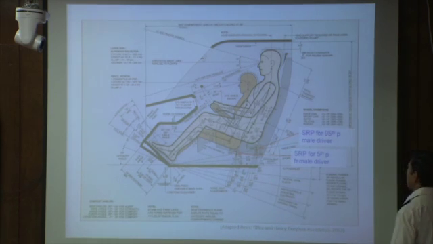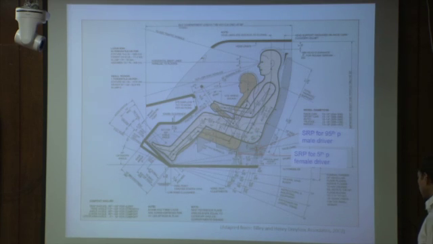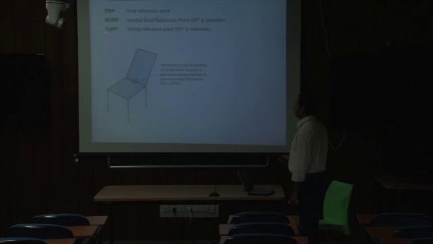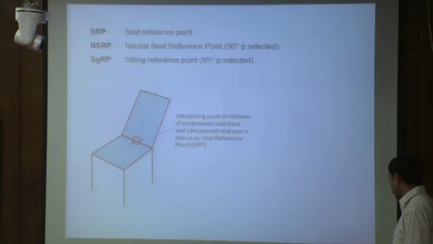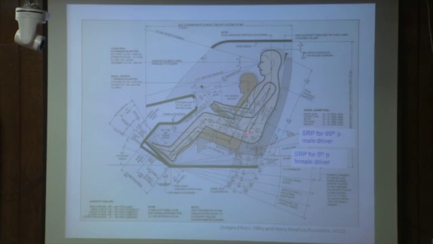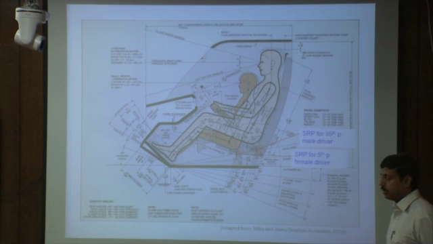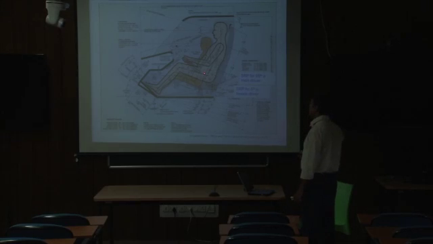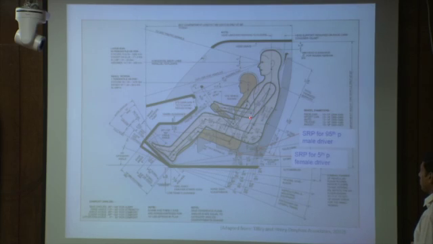In the SAE standard, although we mentioned that the 95th percentile driver selected seat reference point is known as SgRP or sitting reference point, in the SAE standard this H point is actually mentioned as SgRP. So in the SAE standard, the H point of the 95th percentile driver is also used for positioning the digital human model or defining the position of the mannequin on the seat.